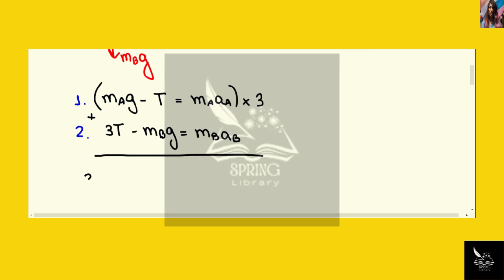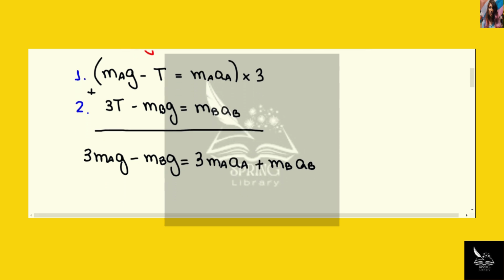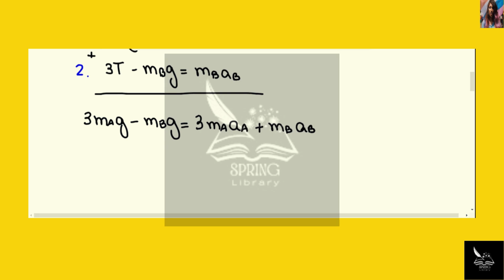So we're left with 3MAG minus MBG is equal to 3MAAA plus MBAB. So let's save this equation.